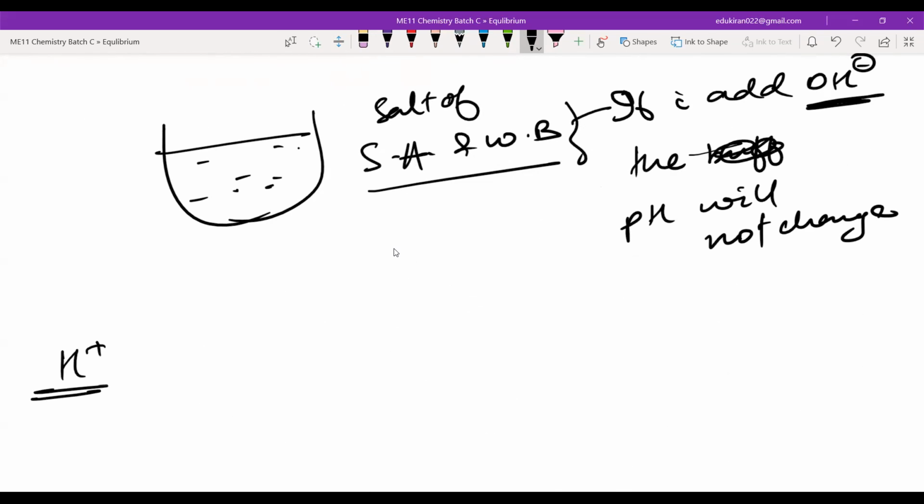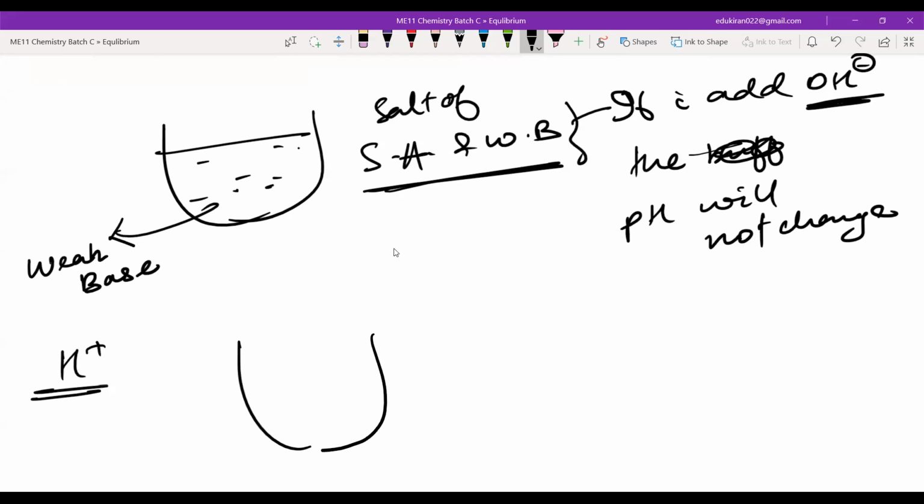If I want to take care of the H plus ion, then I will add a base. In this solution, I will add a weak base. Okay, I will add the salt of strong acid and weak base and a weak base. So this solution is going to be basic.